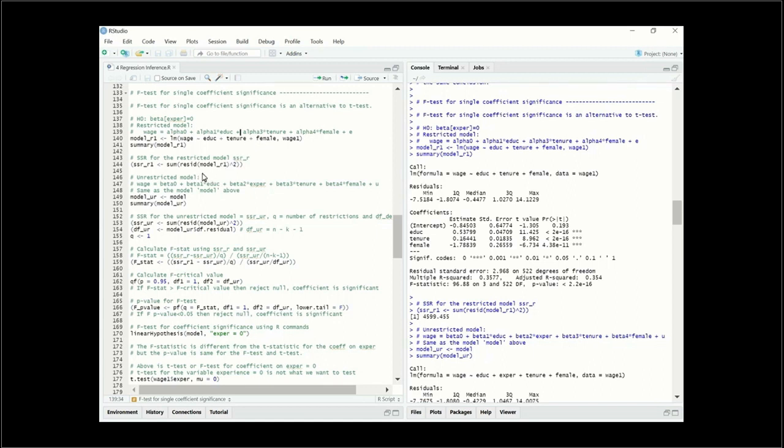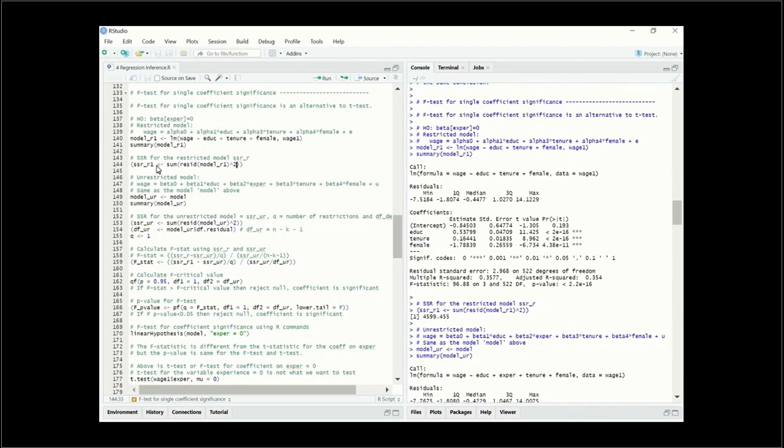And what we need to get from this restricted model is to calculate the sum of squared residuals for the restricted model. And the way to do that is we're going to pick up the residuals from the model above, square them right here, and then sum them up. So this will be the sum of squared residuals for this restricted model.